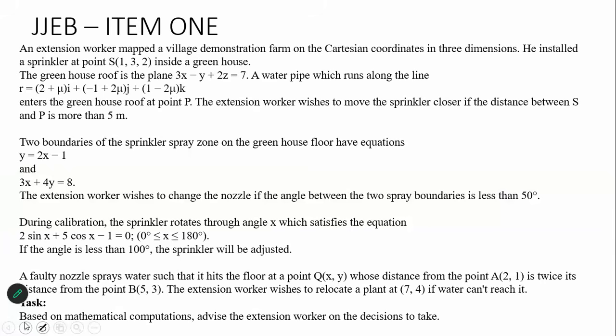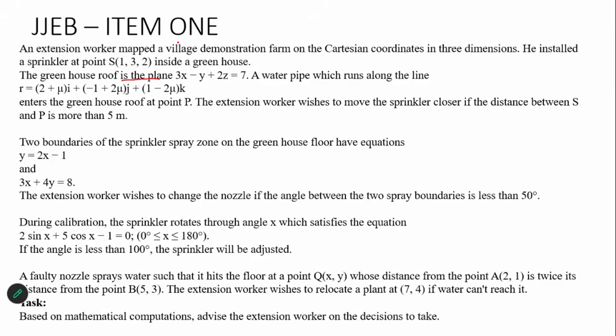He installed a sprinkler at a point S inside a greenhouse. And they went on and told us that the greenhouse roof is a plane. And I told you that whenever you find the word plane, it literally means a flat surface.